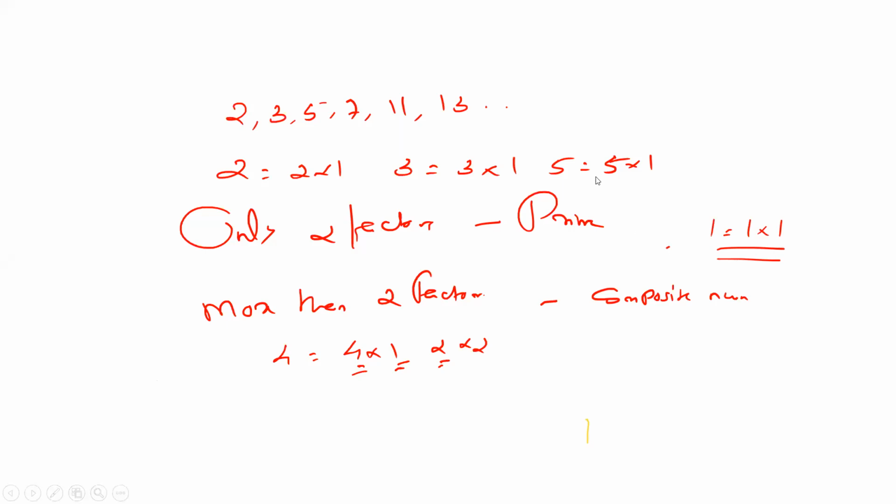So yesterday we discussed about rational number. Rational number is of the form P by Q, where P and Q are integers and Q not equal to 0.